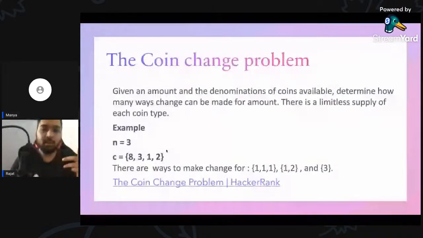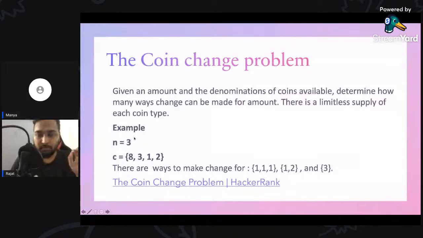It's simple. As I told you, you have coins of certain rupee values, for example 8 and so on. This is the value of the coins that you have, and you have an unlimited number of 8 rupee coins, 3 rupee coins, 1 rupee coins, and 2 rupee coins.